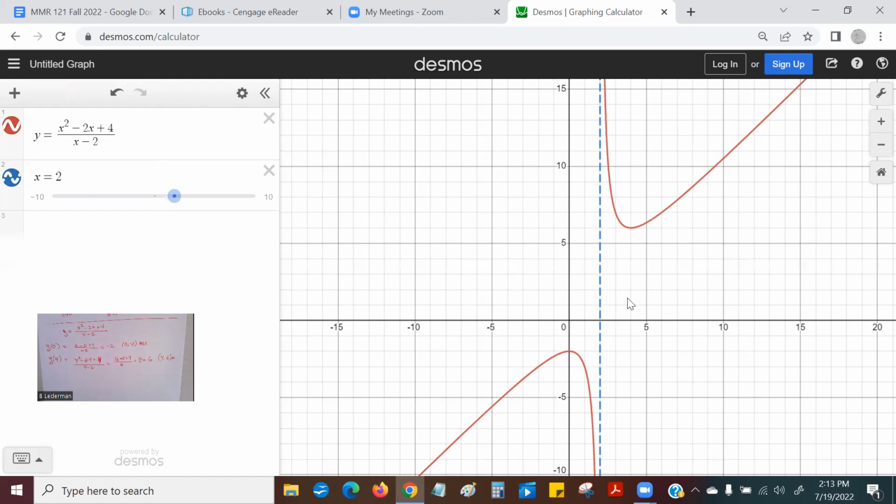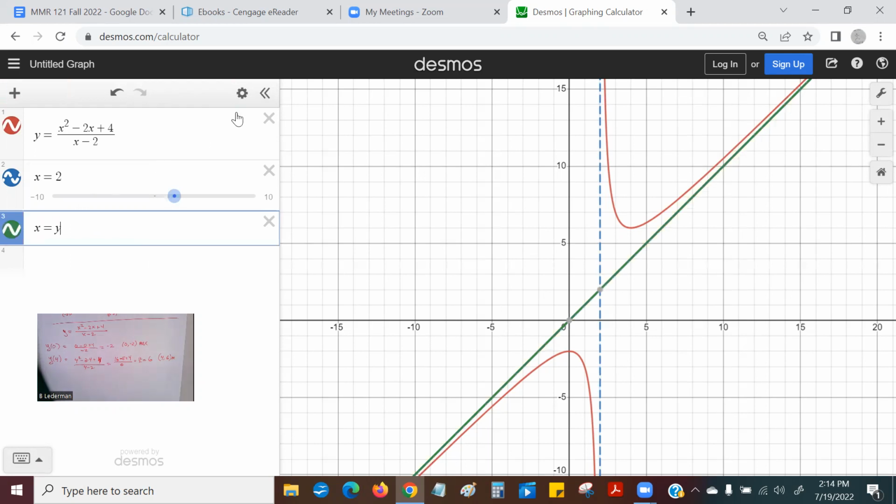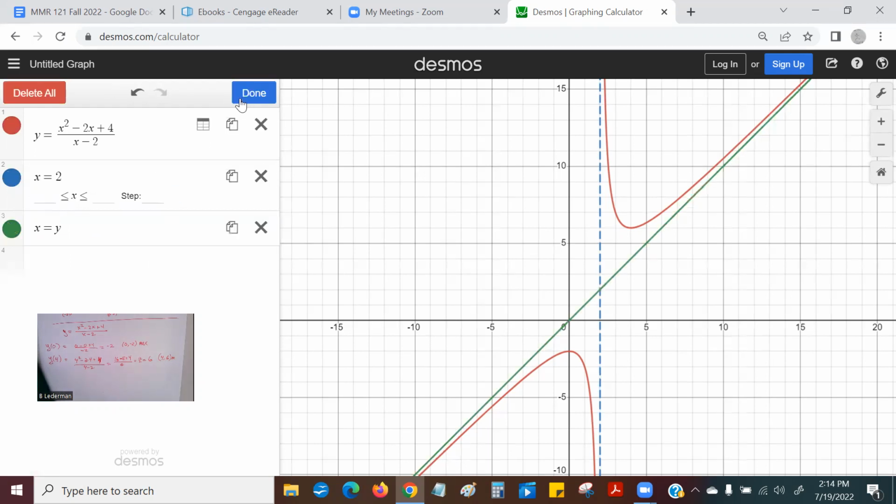This function actually has what's called a slant asymptote, or an oblique asymptote is another way of saying it. Let me just type it in: x equals y.